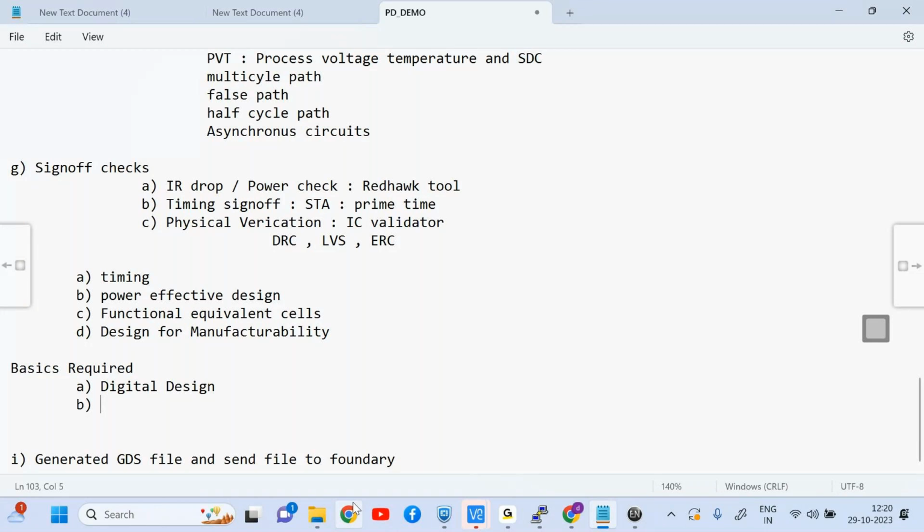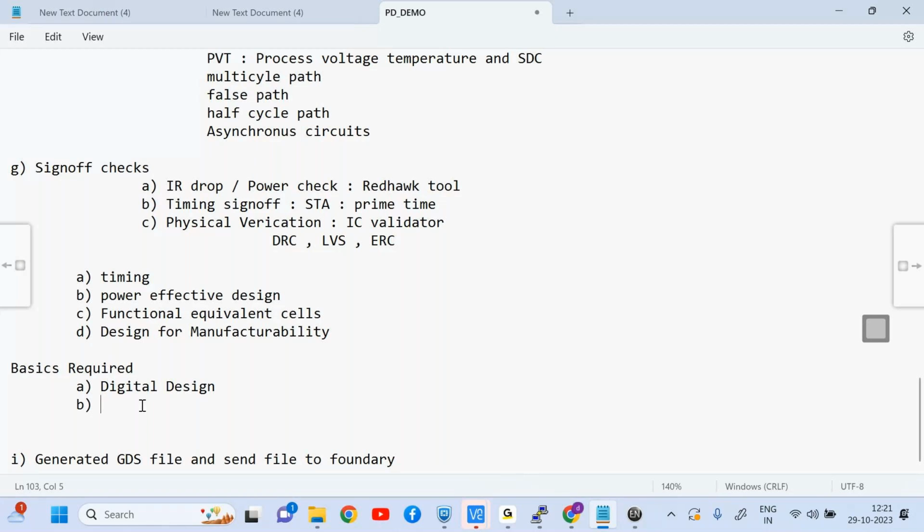You should know what a mux is, what a D flip-flop is, what an asynchronous circuit is, what a synchronous circuit is, what a latch is. Even to do STA, static timing analysis, you need to know how flip-flops work. That information should be well known, and it is required in digital design. What is an asynchronous circuit? What is a synchronous circuit? What do you mean by asynchronous reset? Like that, you should know some terms to do physical design.